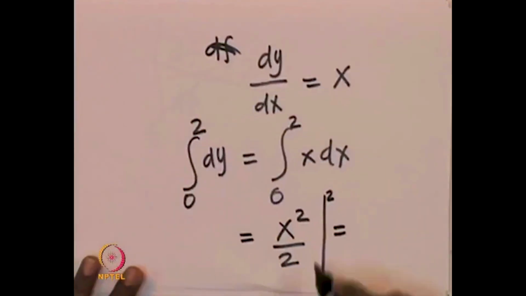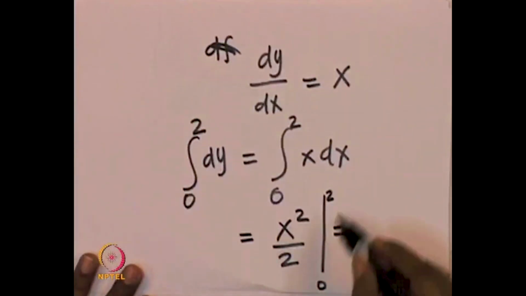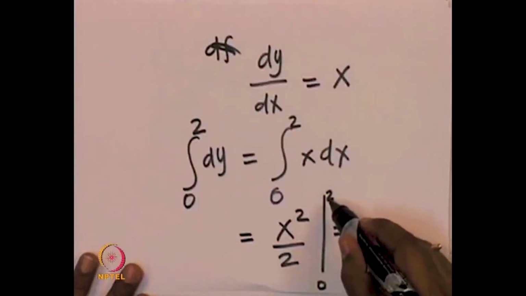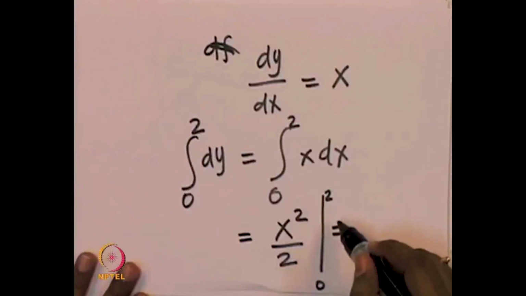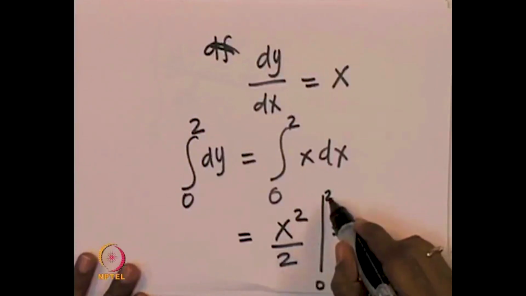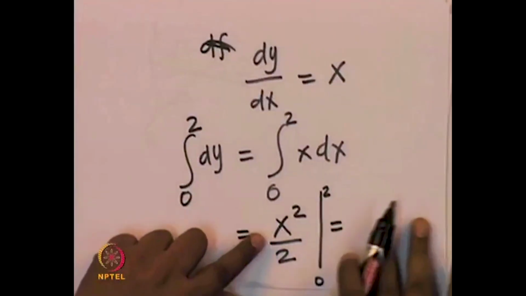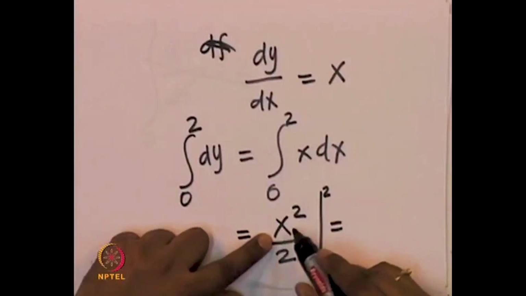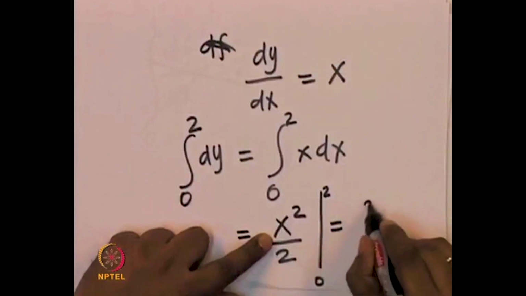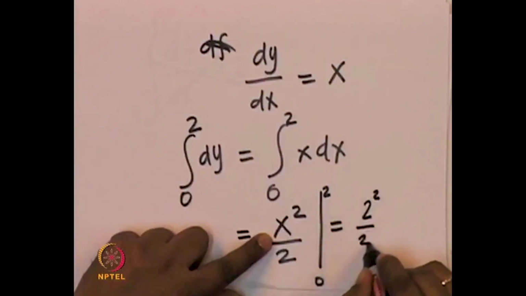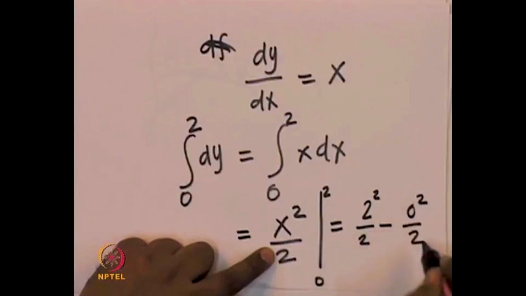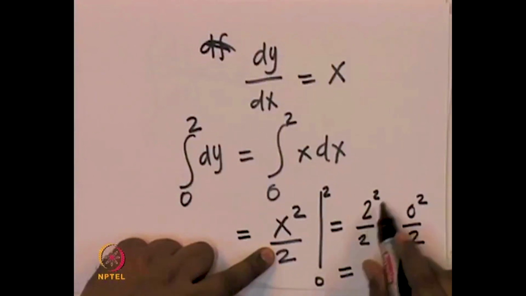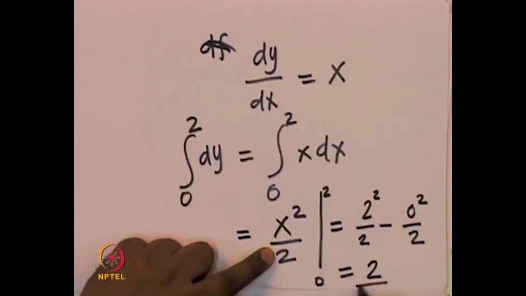This vertical line with 0 and 2 means that we evaluate x square by 2 at 2 first, and then subtract the value at 0. So, it is 2 square by 2 minus 0 square by 2. 2 square is 4, 4 by 2 is 2, so the answer is 2.